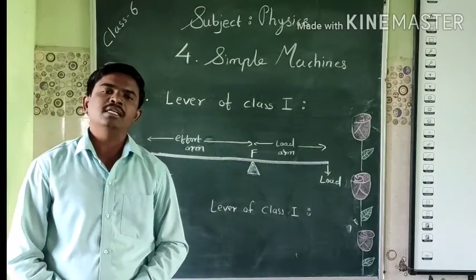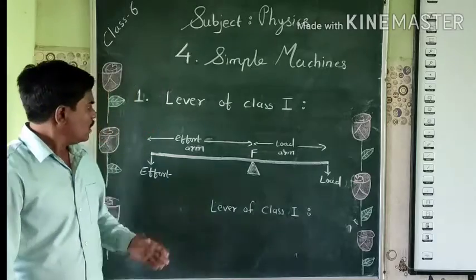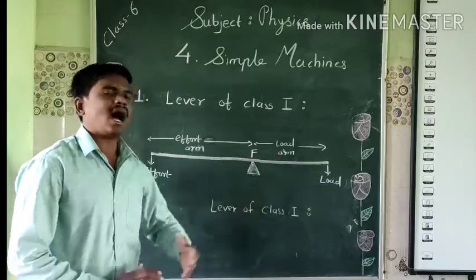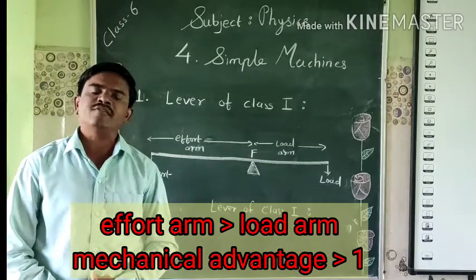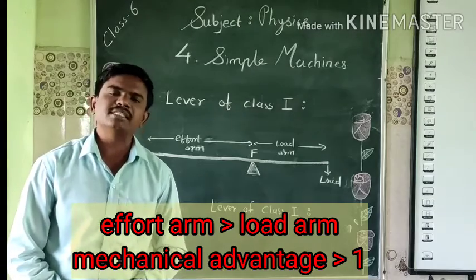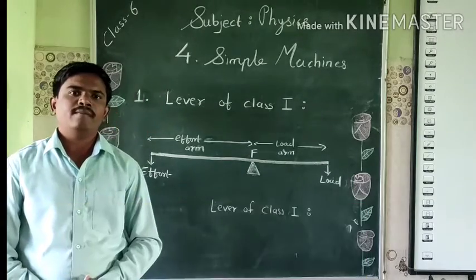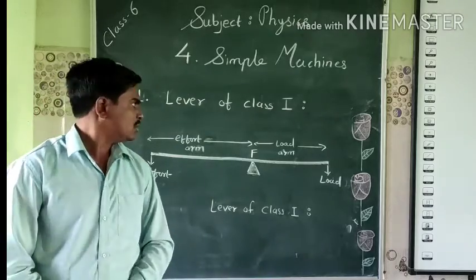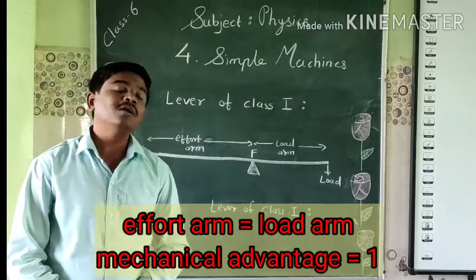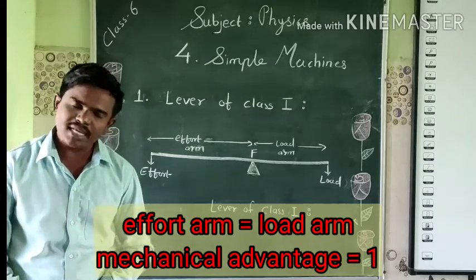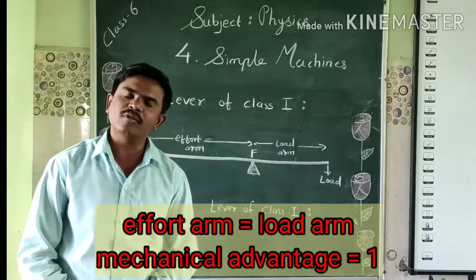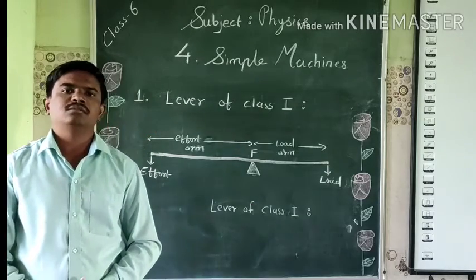Generally, in lever of class first, effort arm is greater than load arm. So in that condition, we can say that mechanical advantage is greater than 1. But if effort arm is equal to load arm, then mechanical advantage value is equal to 1.